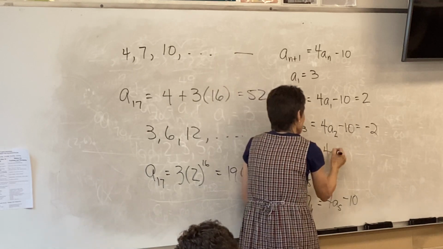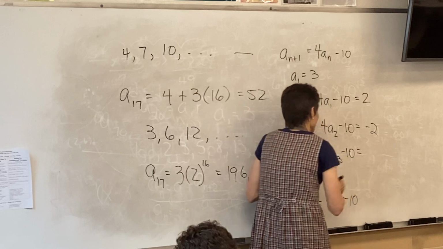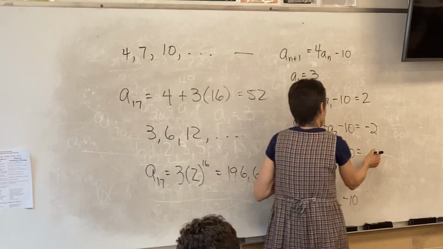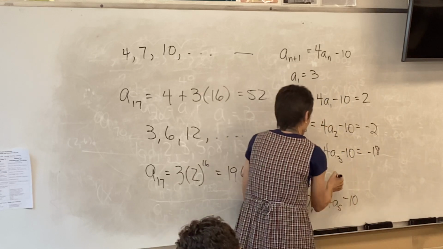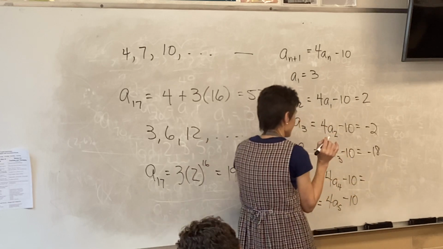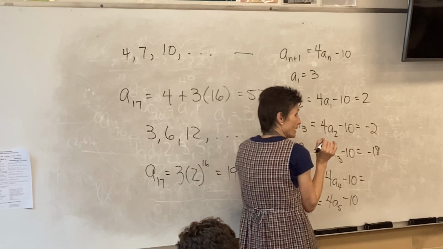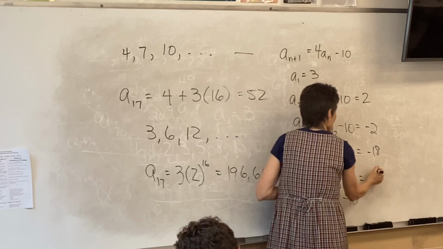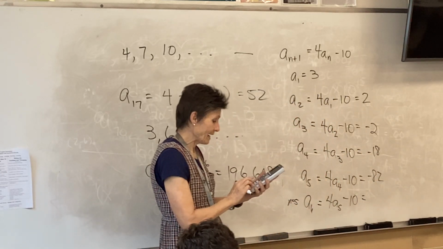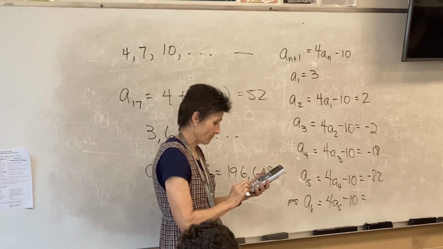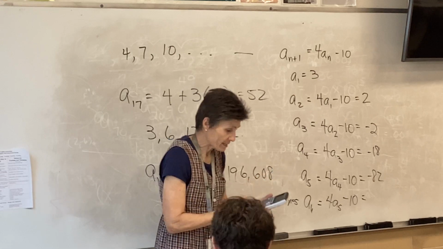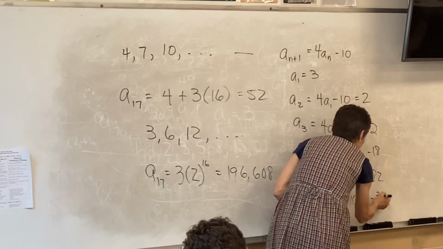And then 4a sub 3 minus 10 would be negative 18. I'm getting close. 4a sub 4 minus 10, well, we're getting big, negative 82. And so the one I finally want is negative 338 if I type that in correctly.